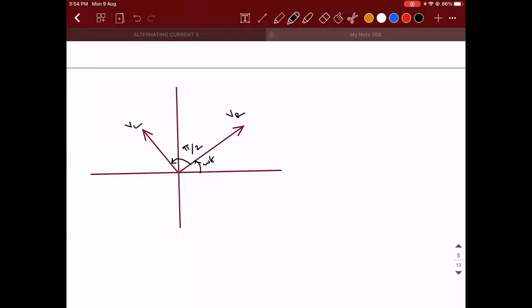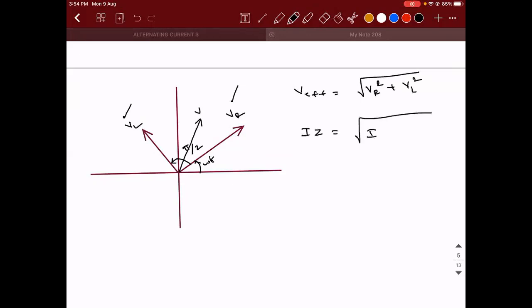So if I take this angle, it will be pi by 2. So VR and VL are again co-initial vectors. So the V effective value is going to be root of VR square plus VL square. What is the value of V effective? I can call it IZ, which is equal to root of (IR) whole square plus (I into XL) whole square.